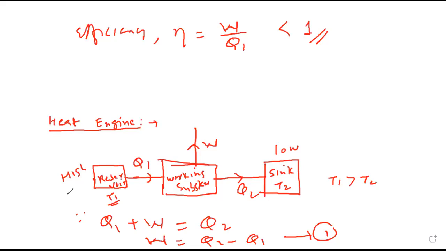Sir, Q1 minus W would be Q2, no? Q1 minus W would be Q2. Q1 is Q2 plus W. So W is Q1 minus Q2.